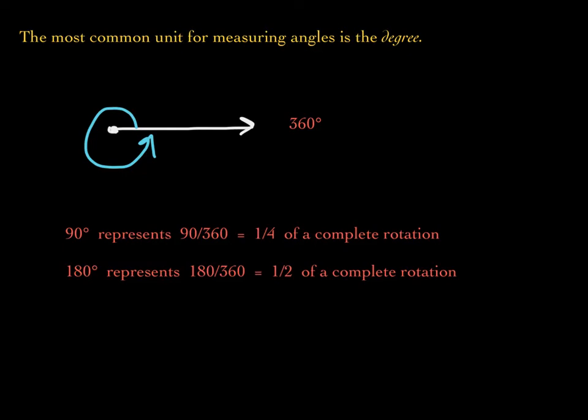Which would lead us to 90 degrees, which is 1/4 of a complete rotation. So 90 degrees is just 1/4 of 360 degrees. And 180 degrees is exactly half of 360 degrees. So 180 degrees is half of a complete rotation.